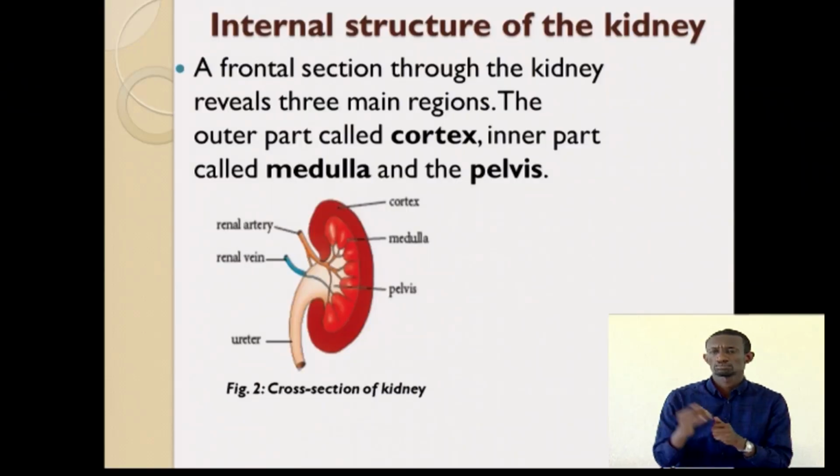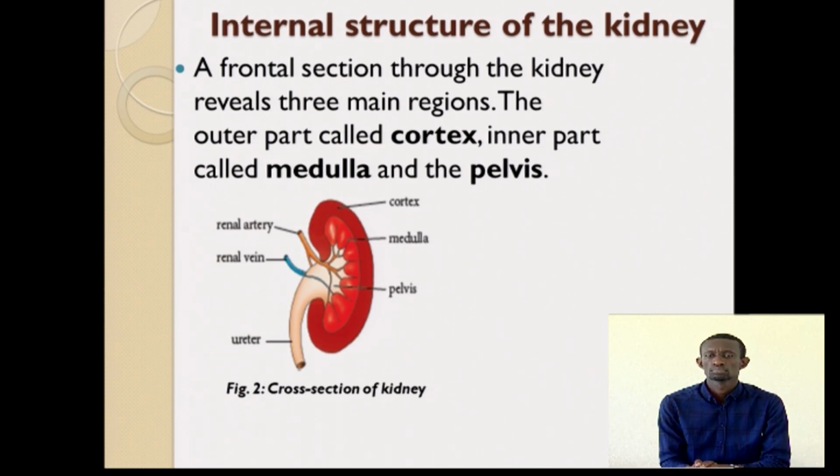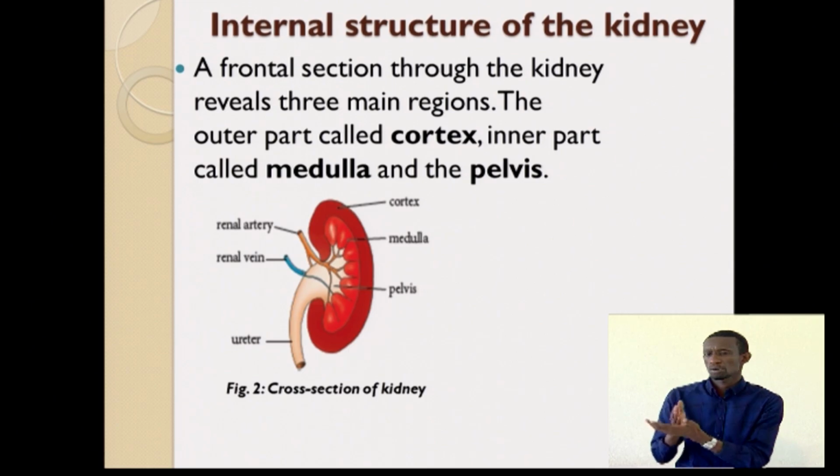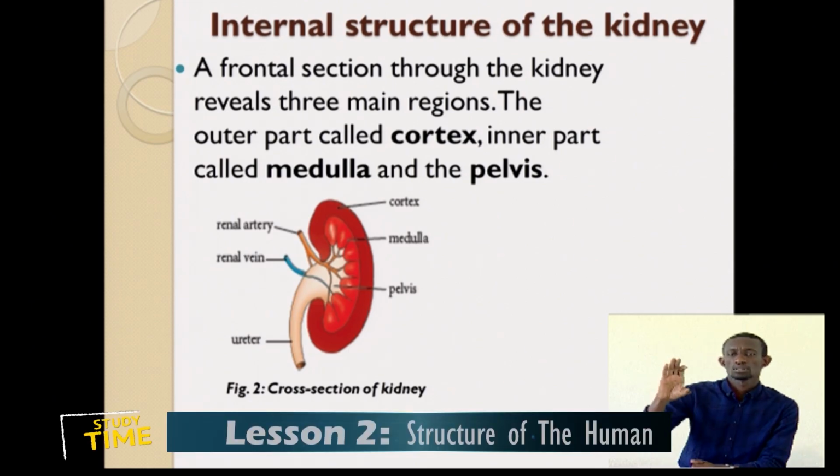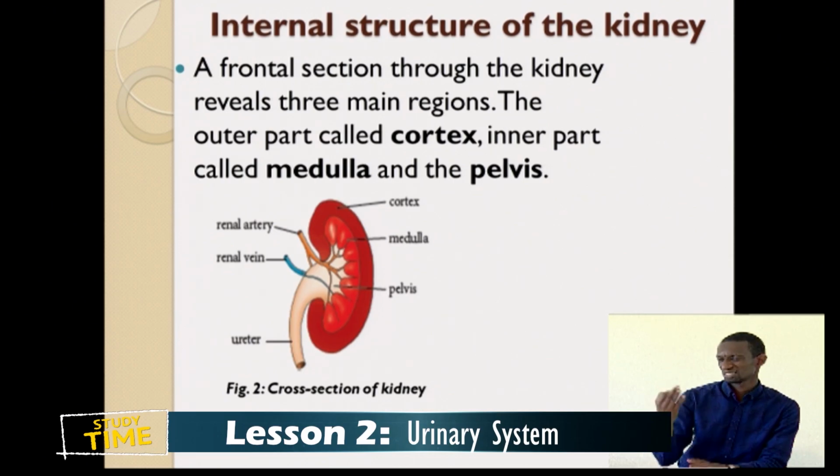The kidney internally is made up of very many parts, but I can make it three major parts. We have the cortex, the medulla, and the pelvis. These are the three major parts that make up the internal structure of the kidney.